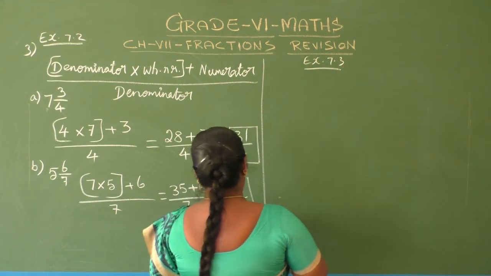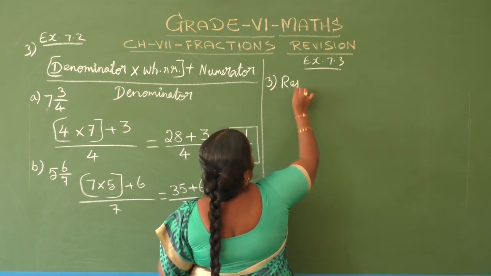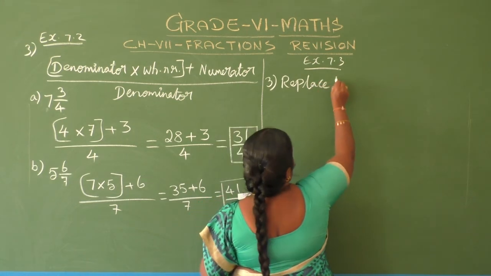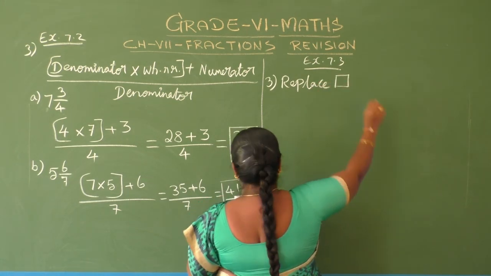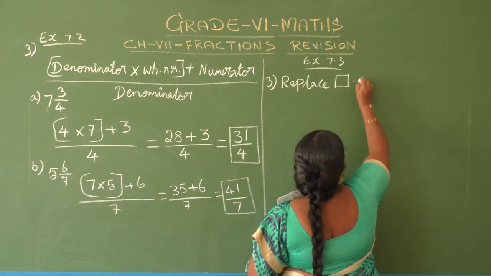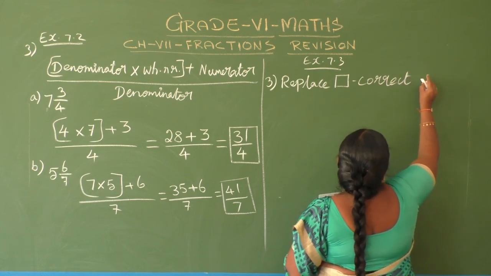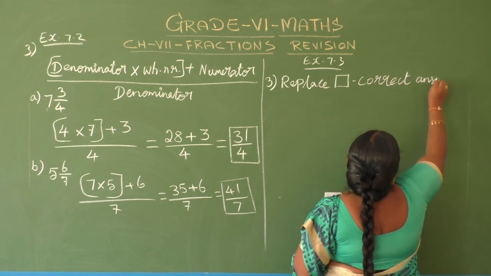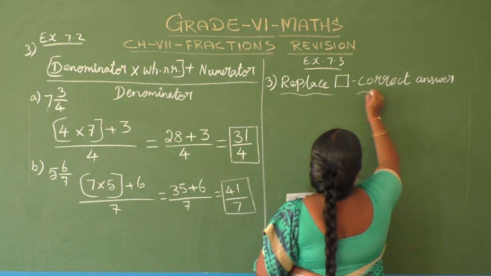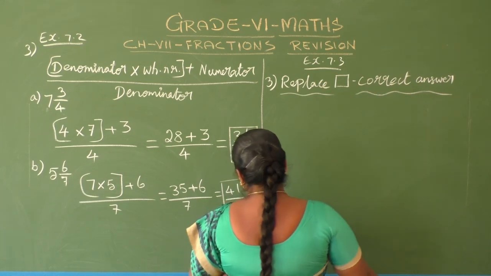See, in 7.3, third Roman: replace the box in each of the following by the correct answer. I am writing the heading in short form. What are we going to do? We are going to replace this box and write the correct answer.